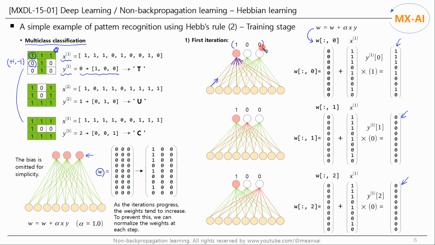Since the y values of the first pattern are 1, 0, 0, only the first neuron should be activated. Therefore, only the first column vector of the weight matrix is updated, and the rest are not updated. When we input the first pattern, the weight matrix is updated as follows. As the iterations progress, the weights tend to increase. To prevent this, we can normalize the weights at each step.